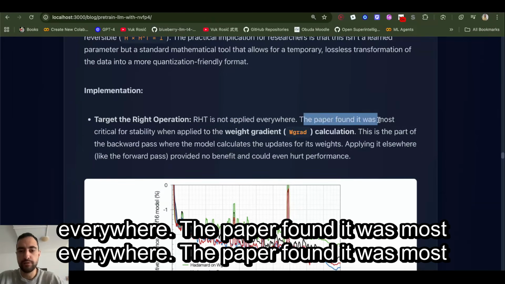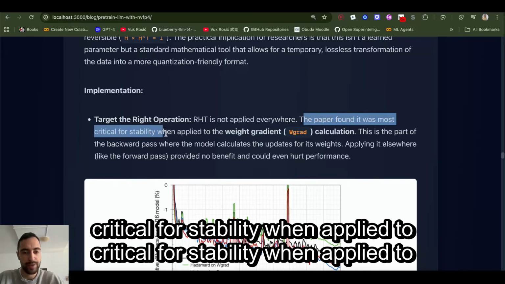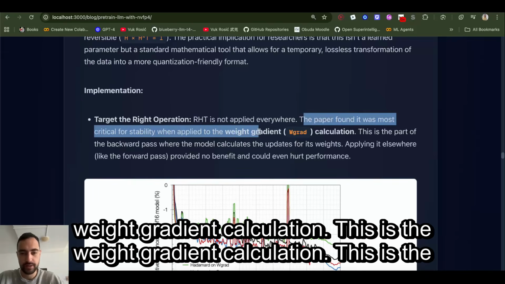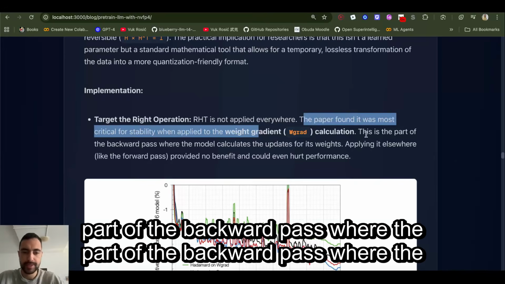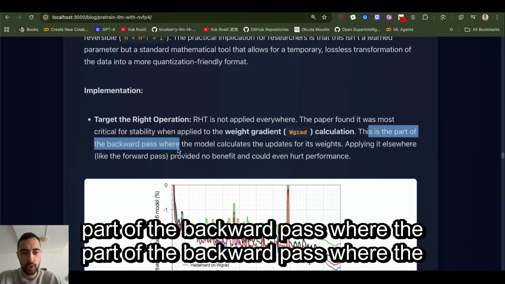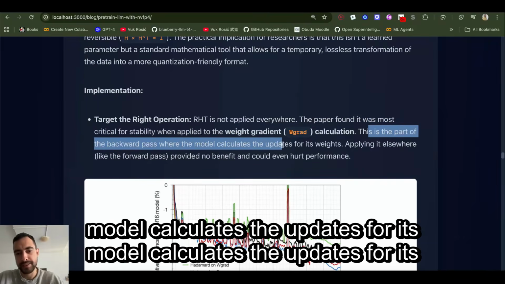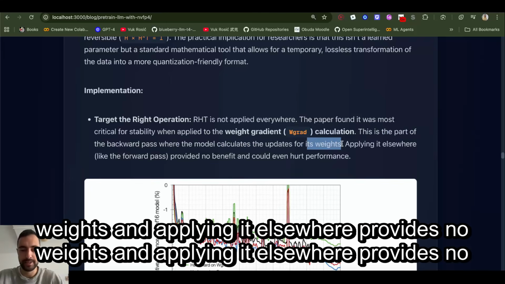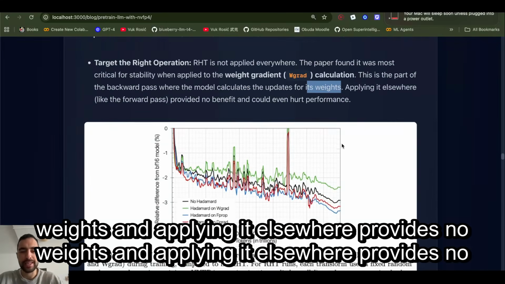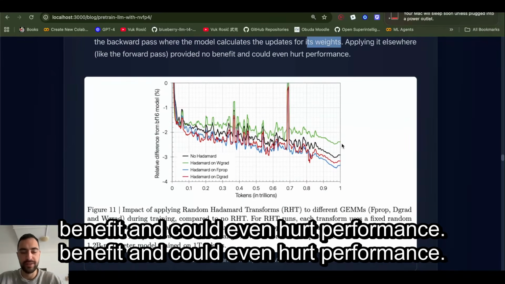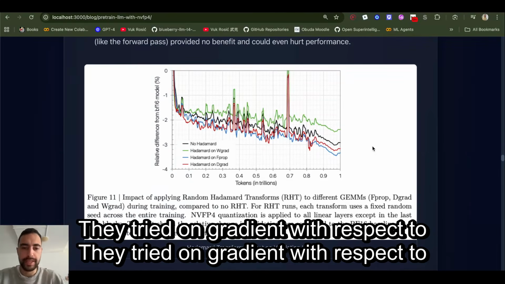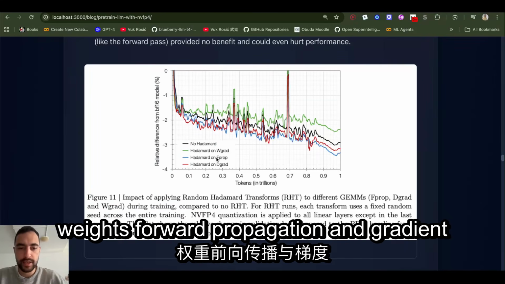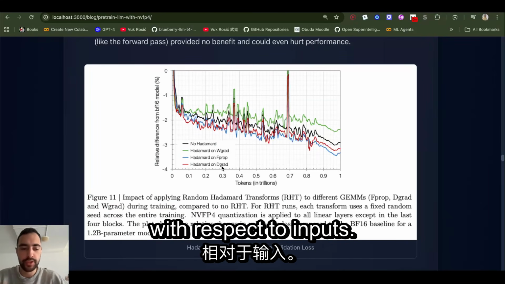So this matrix is not applied everywhere. The paper found it was most critical for stability when applied to weight gradient calculation. This is the part of the backward pass where the model calculates the updates for its weights. And applying it elsewhere provides no benefit and could even hurt performance. They tried it on gradient with respect to weights, forward propagation, and gradient with respect to inputs.